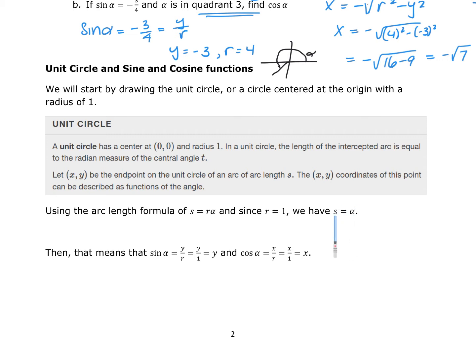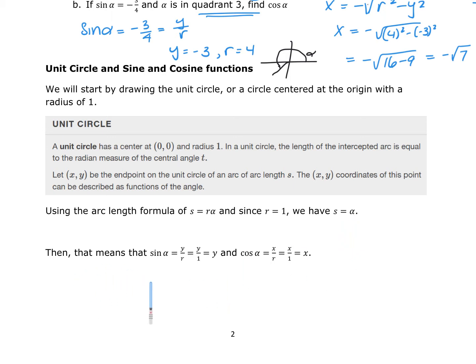But if I'm talking about it in terms of the arc length on the unit circle, I talk about my units not being in radians, but whatever my unit of length is for my unit circle. So my unit circle could be 1 mile. My unit circle could have a radius of 1 centimeter. So in that case, my arc length would be in centimeters or miles or whatever my 1 unit is. But if I'm talking about the angle, then the angle would have radians attached to it. That's just a little side note.